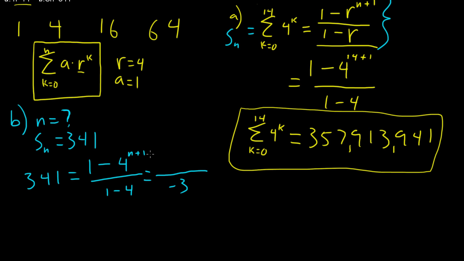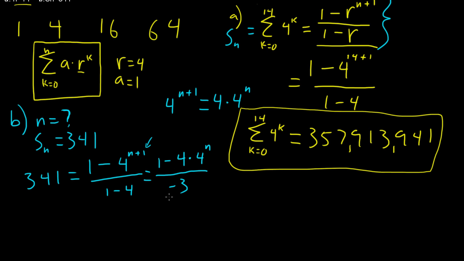To get rid of this plus 1 on the exponent, we can say 4 to the n plus 1 is nothing more than 4 times 4 to the n. That plus 1 might add some difficulty later, but all you do is take a 4 and multiply it to the front. It's just a simple exponent property.